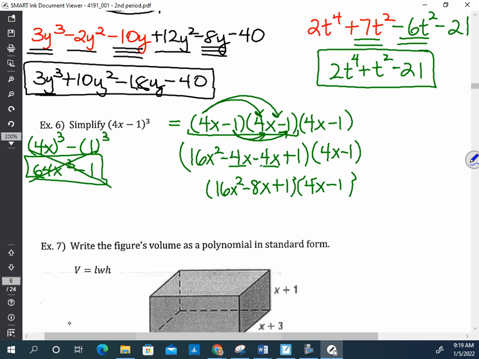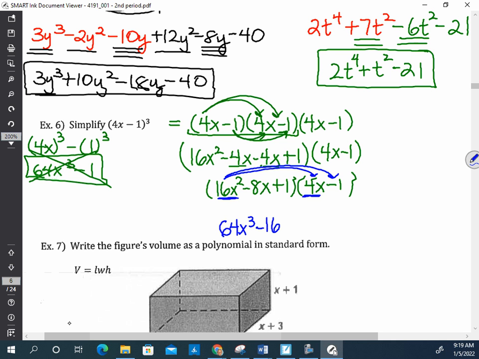So start with 16x squared. 16x squared times 4x gives you what? 64x cubed. And then negative 16 times negative 1 gives you what?